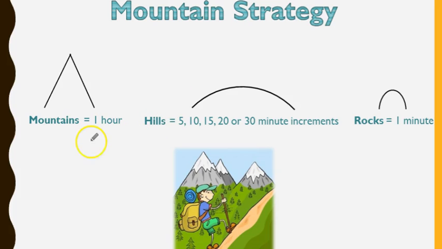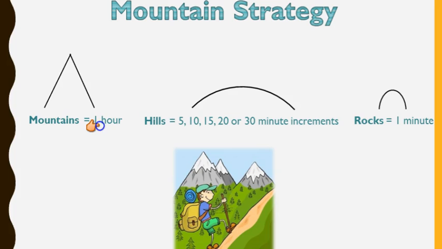So for the mountain strategy, we are going to be making mountains, and the mountains represent 1 hour. So they're pointy at the top, just like you see here. And then over here, we're also going to make rocks, and those represent 1 minute, and they're just little tiny bumps.